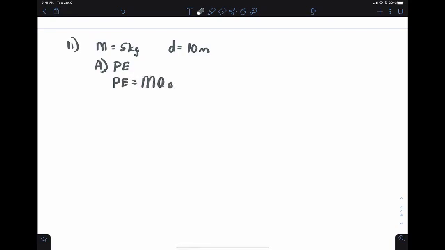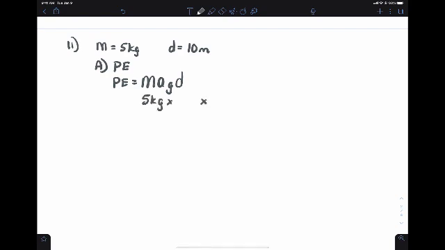Number 11 here says consider a 5 kilogram mass. So you have a mass of 5 kilograms, and the distance it's located above the Earth is 10 meters. It asks, what is the potential energy of this? All right, so PE equals, from that formula list, mgh. We have the mass, that's 5 kilograms.